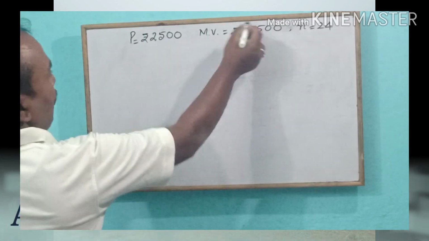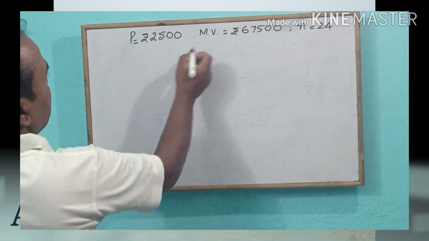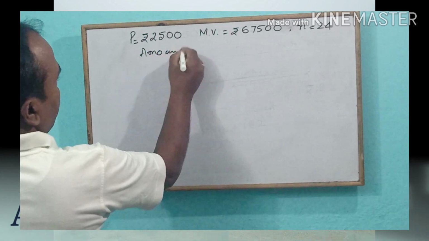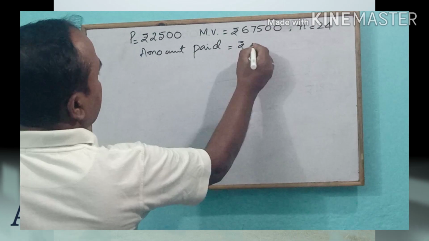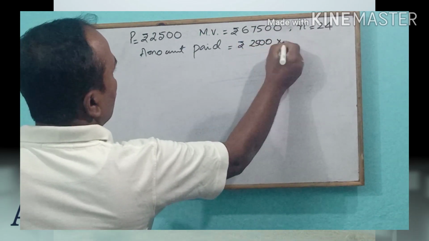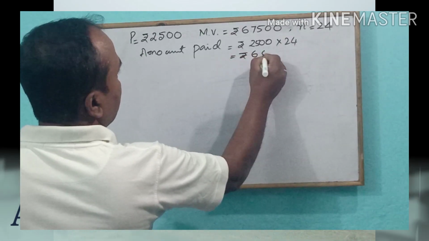Now, in order to calculate the interest, we are supposed to know what is the amount he has paid. Amount paid, that is rupees 2500 into 24, that comes to rupees 60,000.